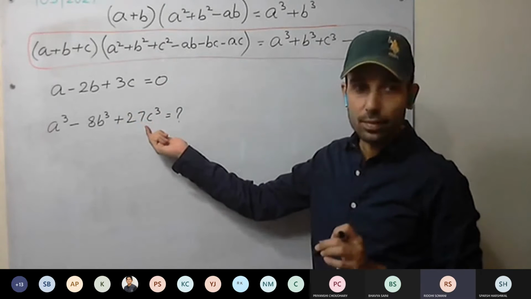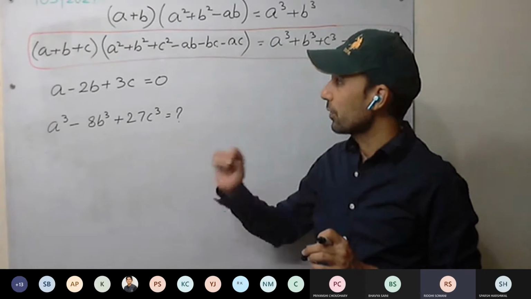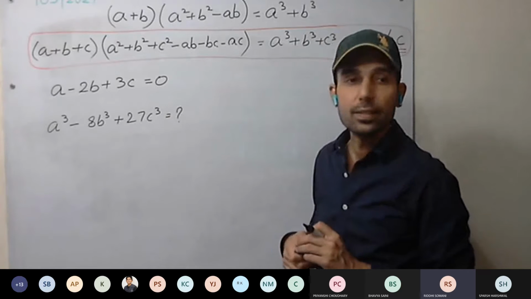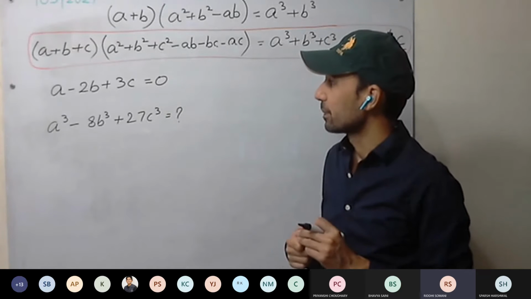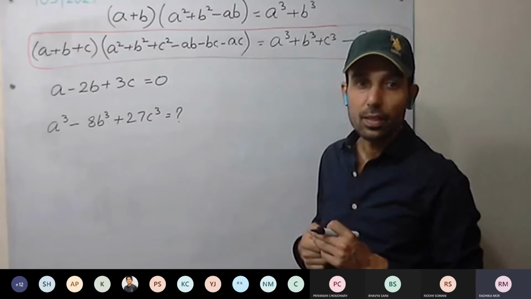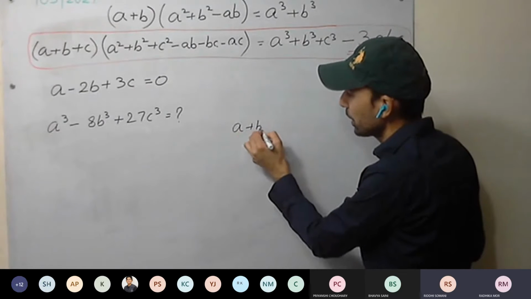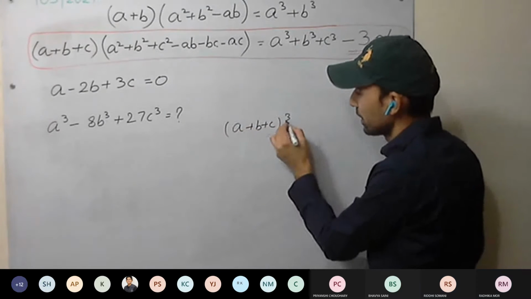Sir, a minus 2b plus 3c the whole cube. Okay, we have to use a cube plus b cube plus c cube equals 3abc. Have we studied something like this, a plus b plus c the whole cube?